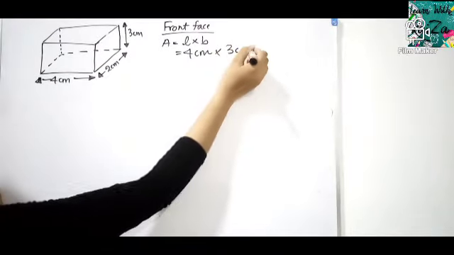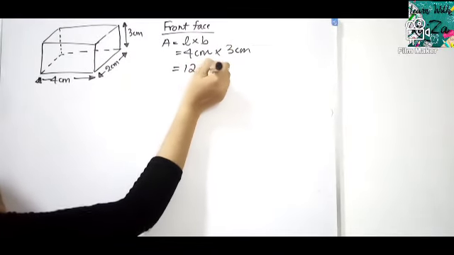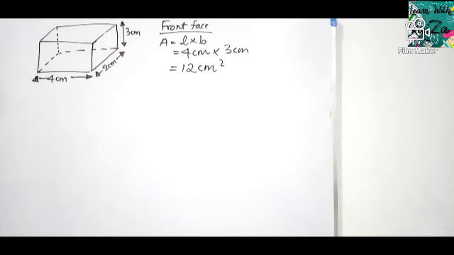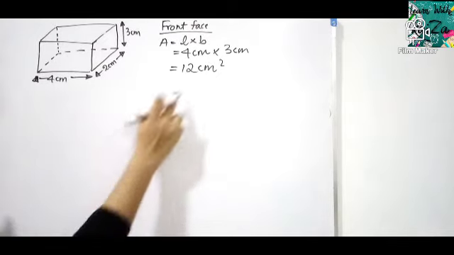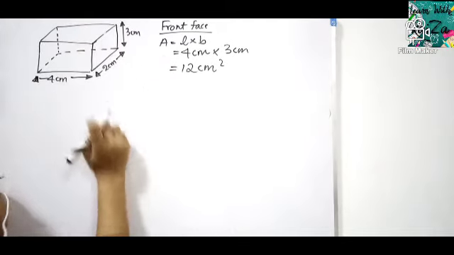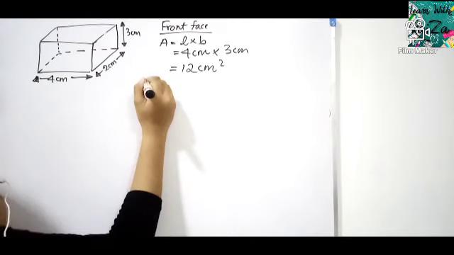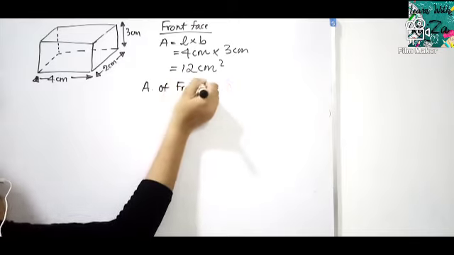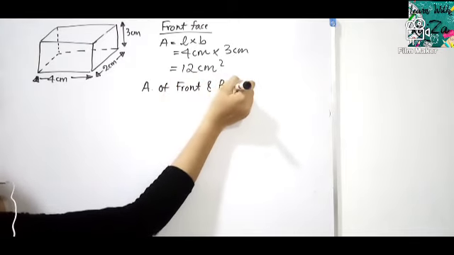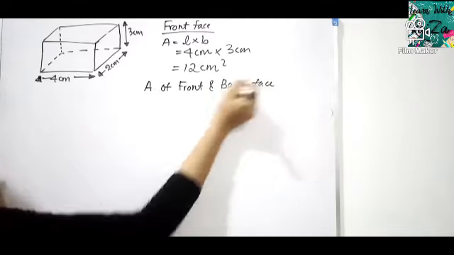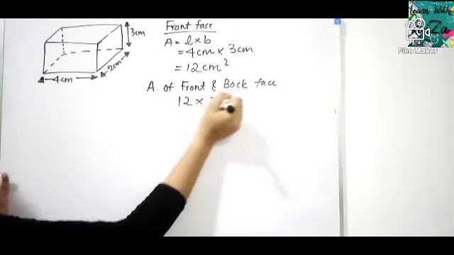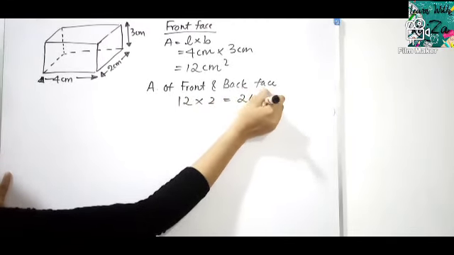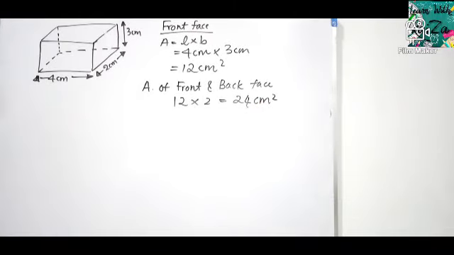So 4 into 3 is 12 square centimeter. Like the front face area, the back face area is also equal. Therefore, area of front face and back face is 12 times 2, 24 square centimeter.